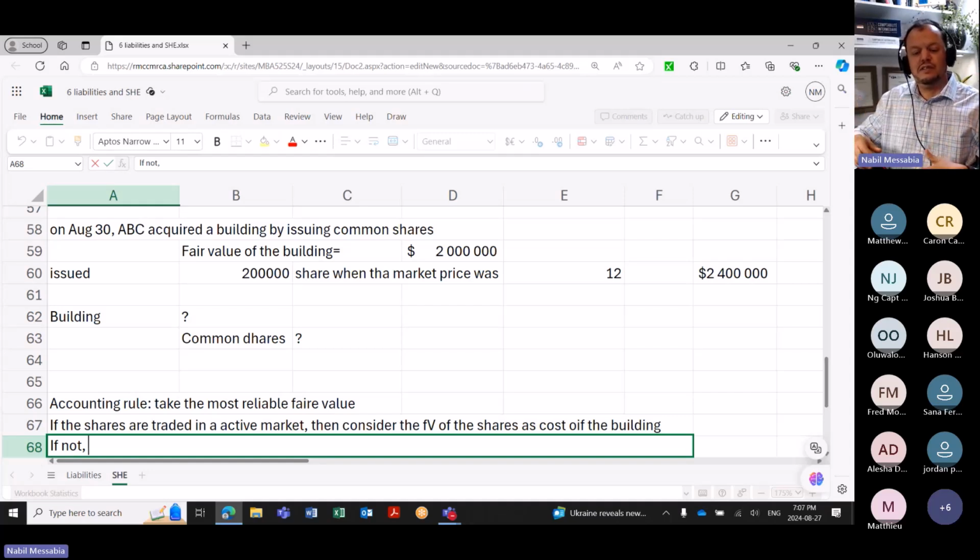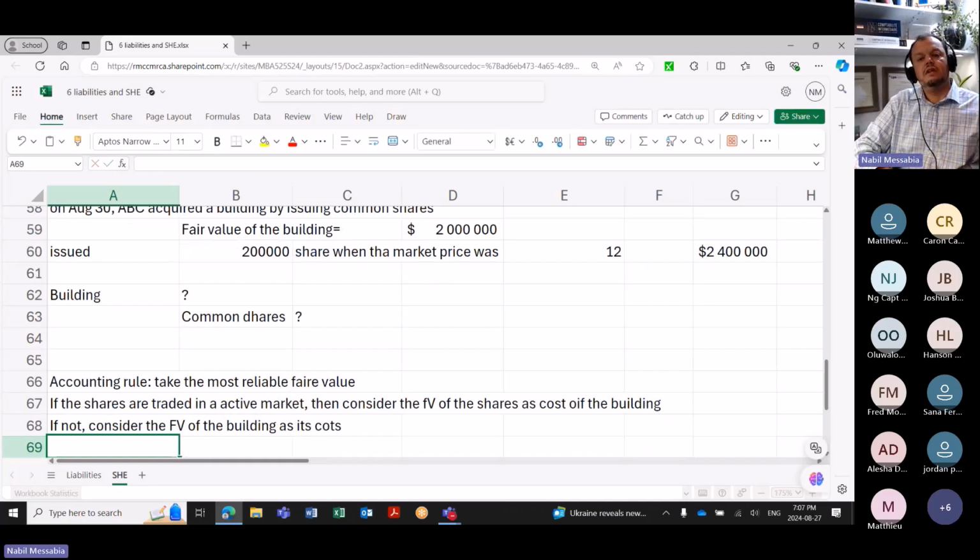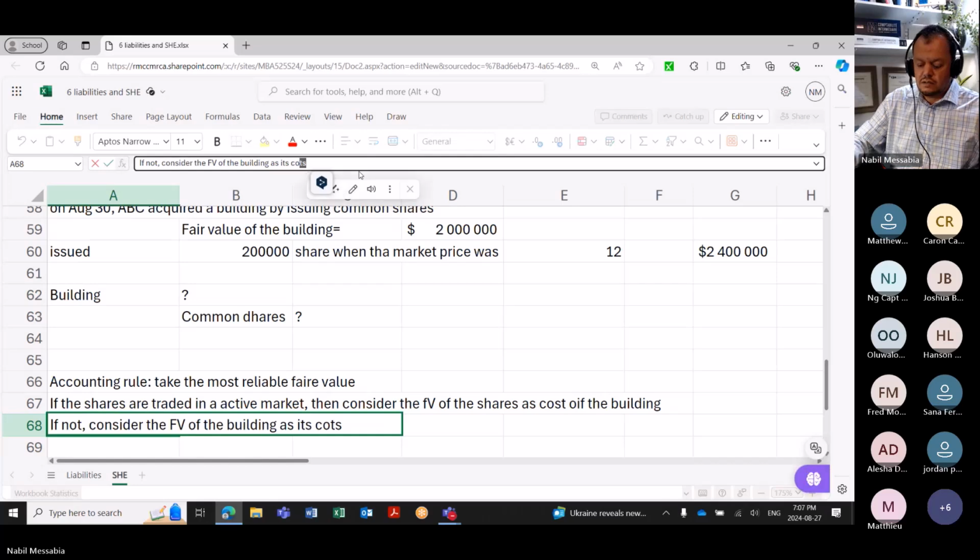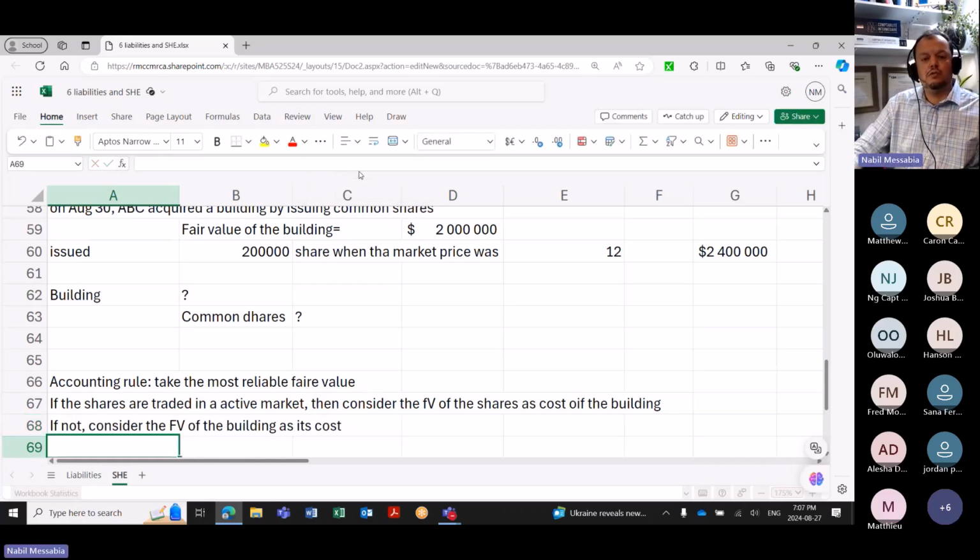So then, if not, then consider the fair value of the building as its cost. Okay. As cost of the building. Okay, so this is the rule.